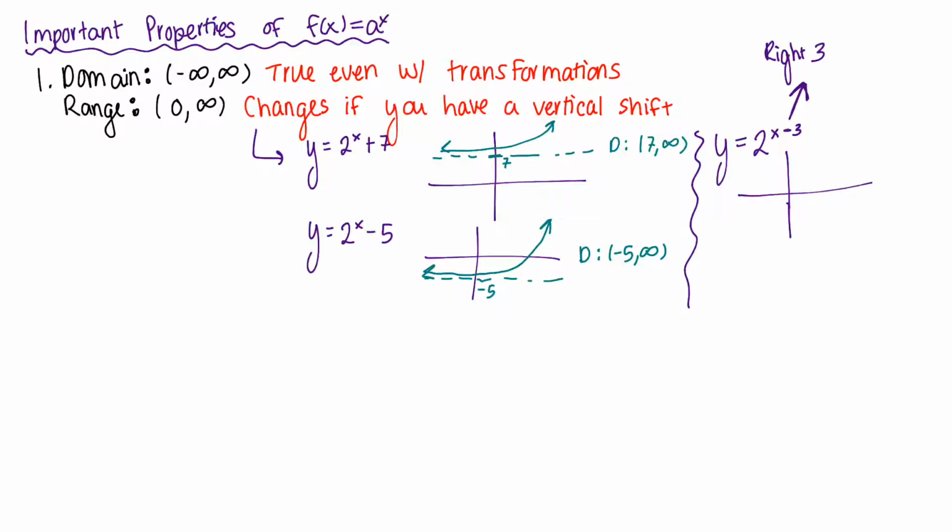So if I just draw the original, this right here is y equals 2 to the x, and the red one is y equals 2 raised to the x minus 3. Same range.